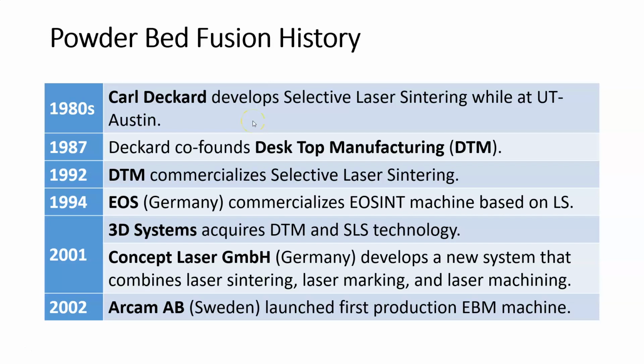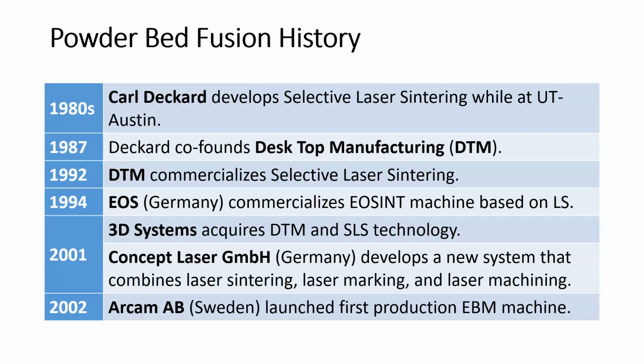Powder bed fusion began in the 1980s with Carl Deckard while he was a professor at the University of Texas in Austin, and he developed a process called selective laser sintering. In 1987, Deckard co-founds Desktop Manufacturing, DTM.